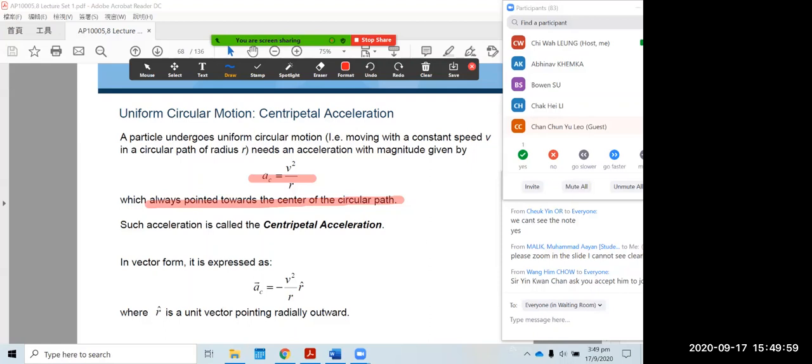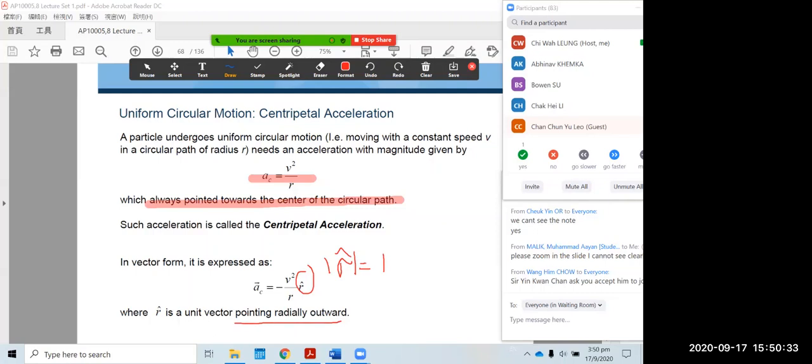Now this one, we give it a special name. We call it the unit vector. And this particular unit vector has a magnitude equal to 1. So 1 unit as a magnitude. And the direction of this unit vector is the same as the direction of the radius vector that points radially outward.